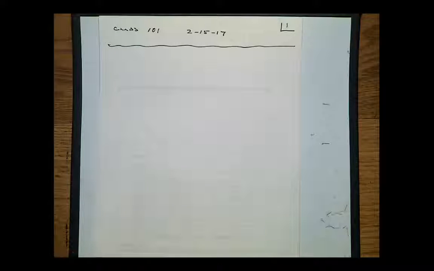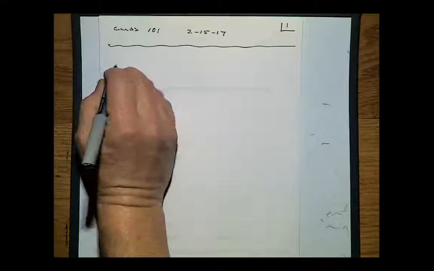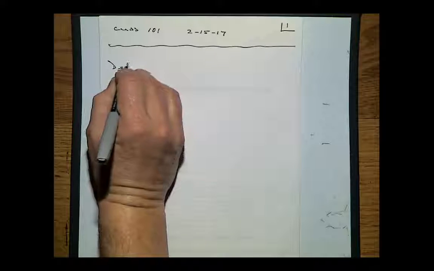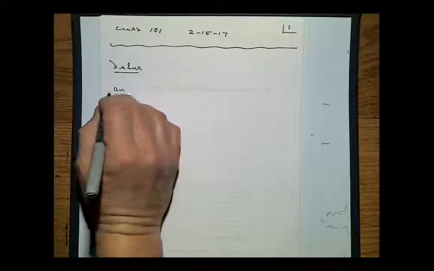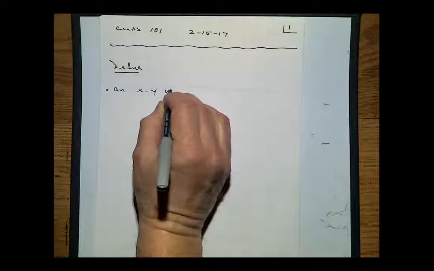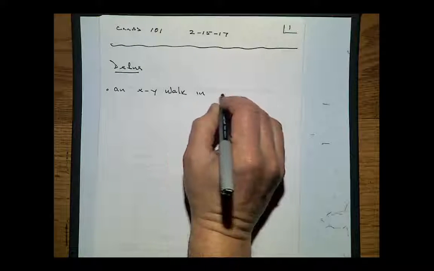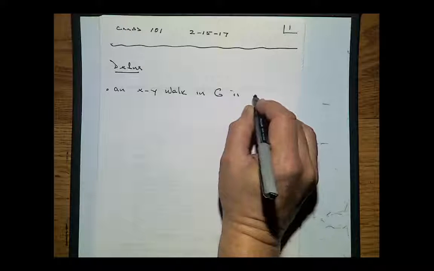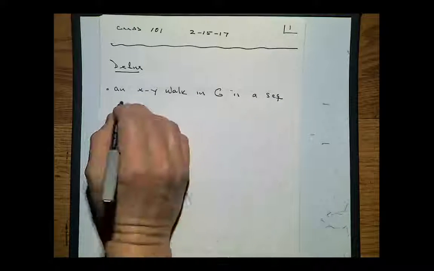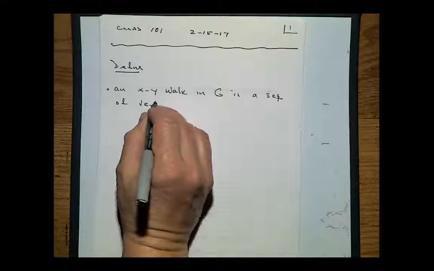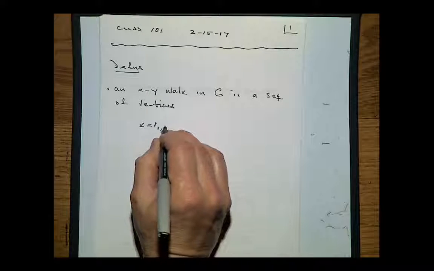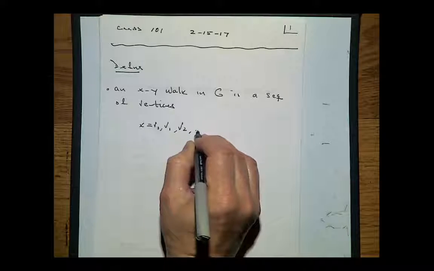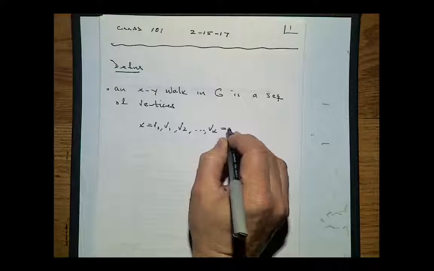Now, a few things I didn't define when we went over graph theory in the induction handout was a few definitions, like a walk. An XY walk in G is a sequence of vertices x equals V0, V1, V2, Vk equals y.